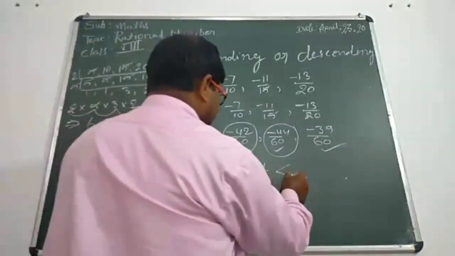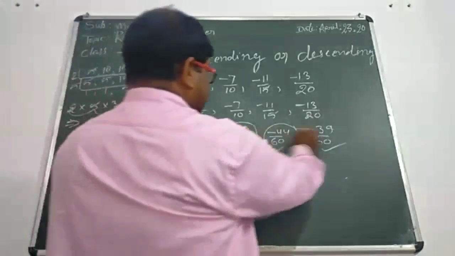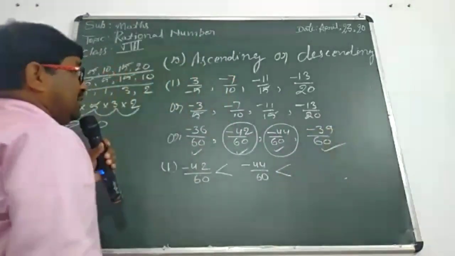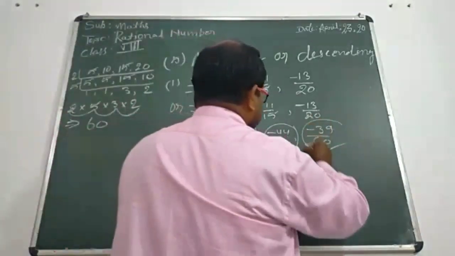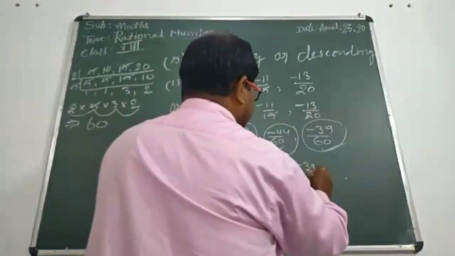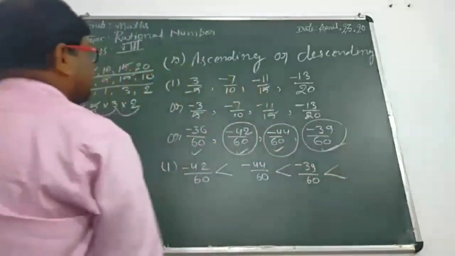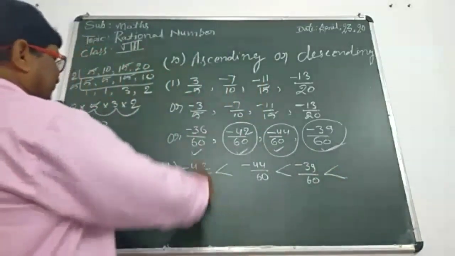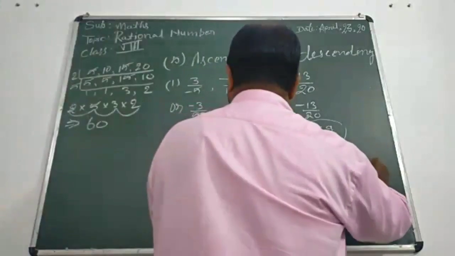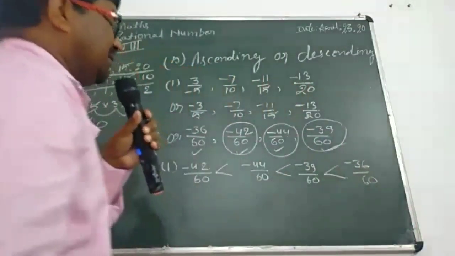Okay, is less than. Now minus 36 and minus 39. Minus 39 is less than minus 36. So write here minus 39 upon 60 is less than minus 36 upon 60. Okay.